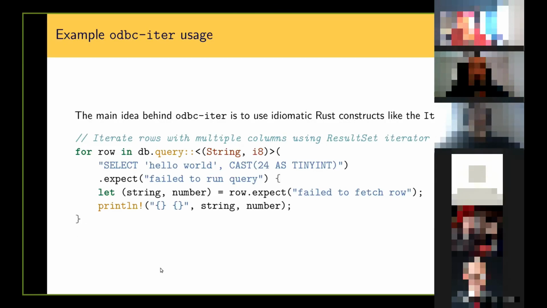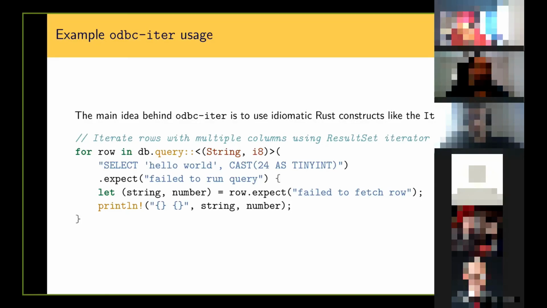It's consumed and dropped. So dropping this iterator is the same as calling close, and I'm pretty sure it's safe to close it even before you consume all the rows.